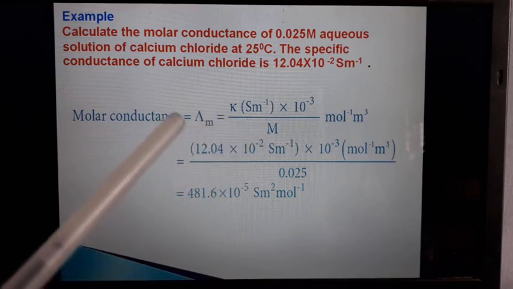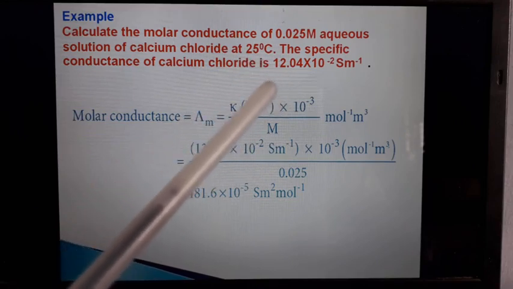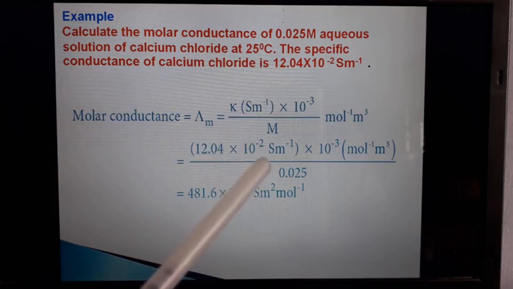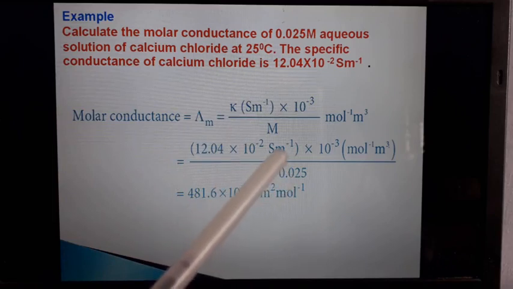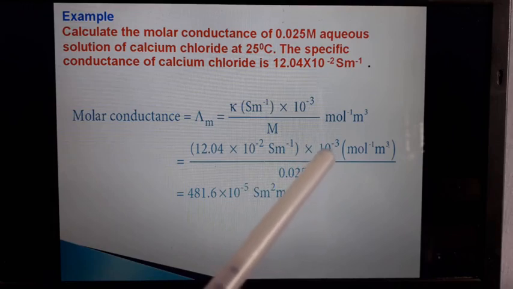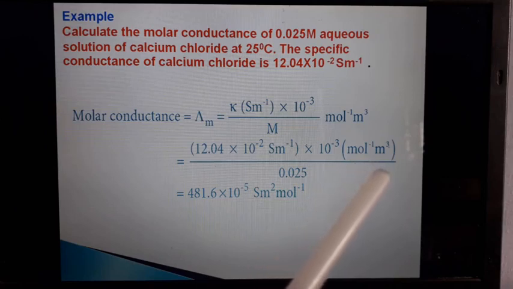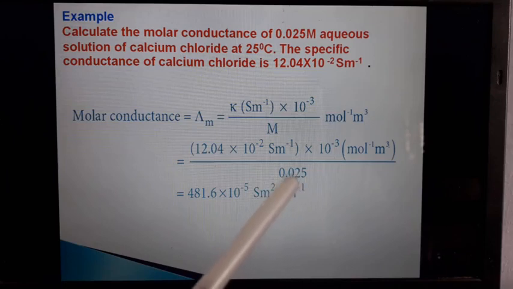The kappa value is already given, the specific conductance of calcium chloride, 12.04 into 10 to the power of minus 2 S m power minus 1, into 10 to the power of minus 3, divided by 0.025, the concentration of the solution. Now make the calculation.